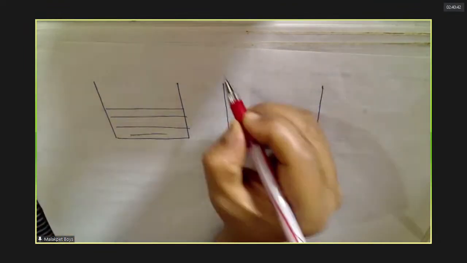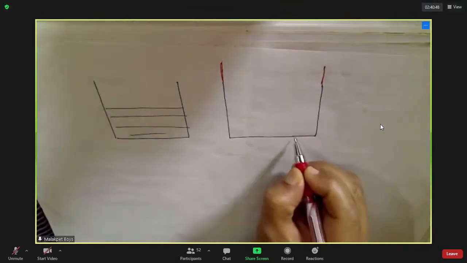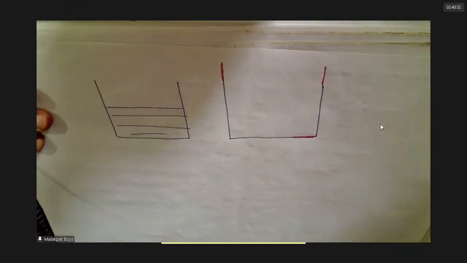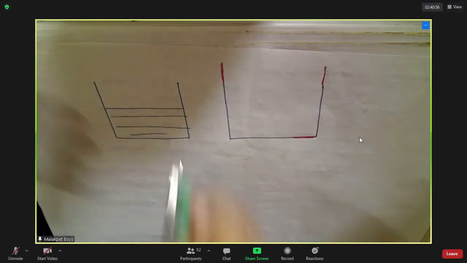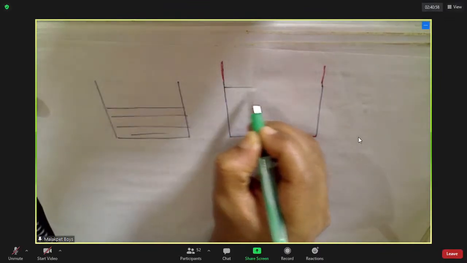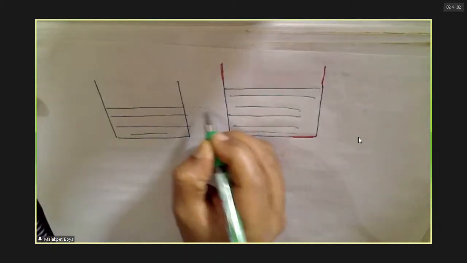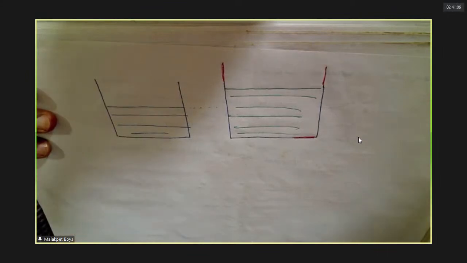The vessel expands like this. The red colored one is the extra length of the vessel. Understood this? Yes, sir. Length and breadth are expanding. Now, even the liquid which is supposed to be here will rise. Now, can you tell this expansion is due to what?